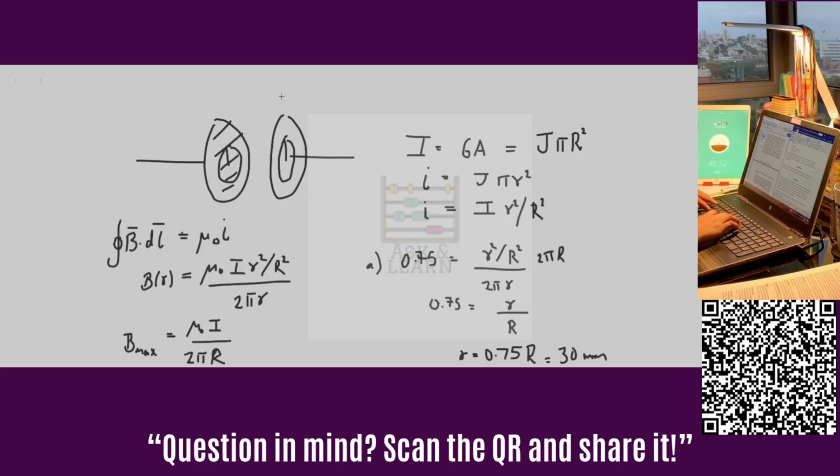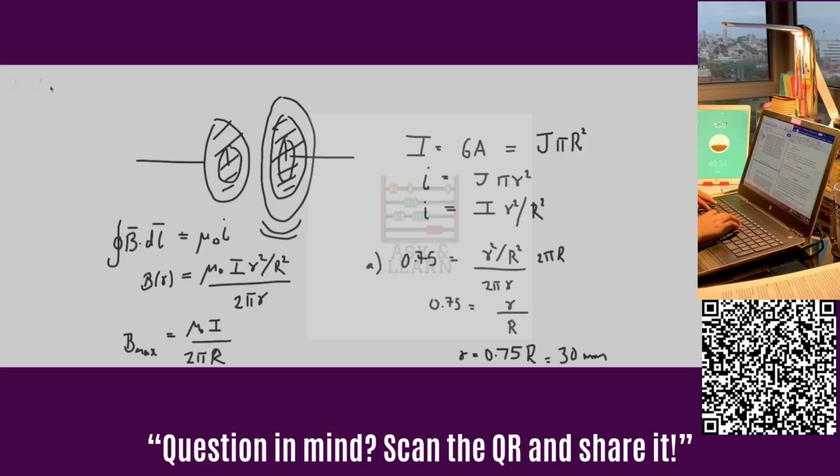If I make a radius somewhere here, which is outside and which is what we need to calculate now, the current enclosed within this loop is still going to be the same. So this value is going to be I for us, the maximum current which can actually flow. We can make further and further loops, but the plate size and the overall current are still the same.